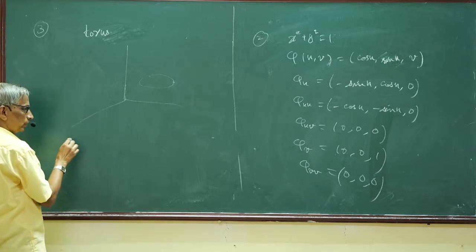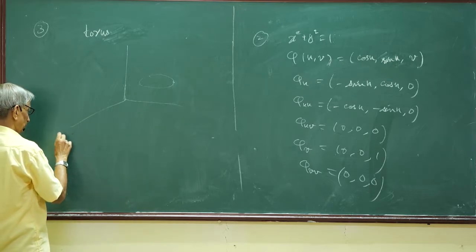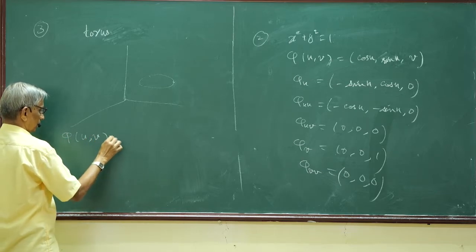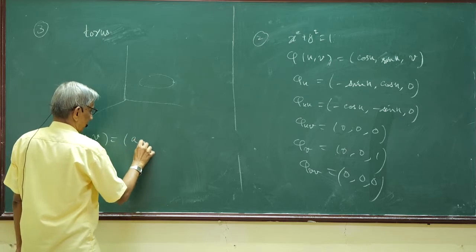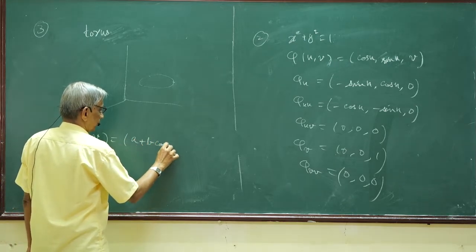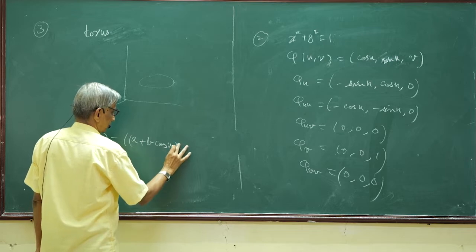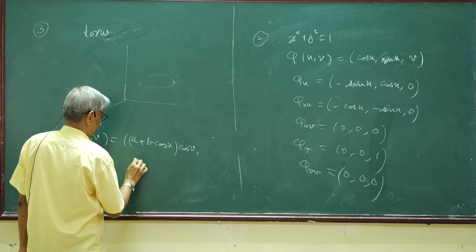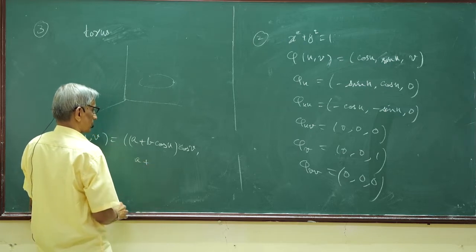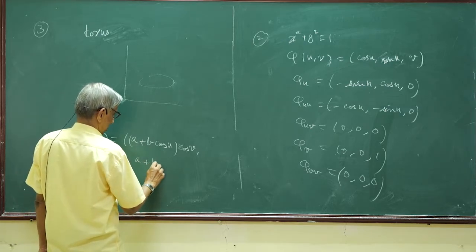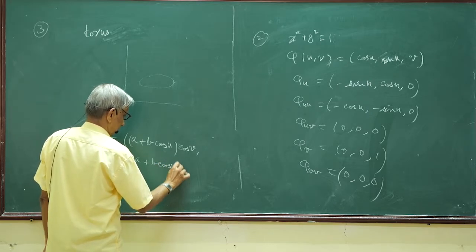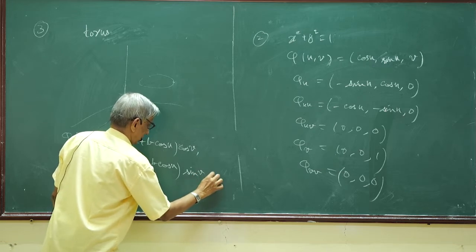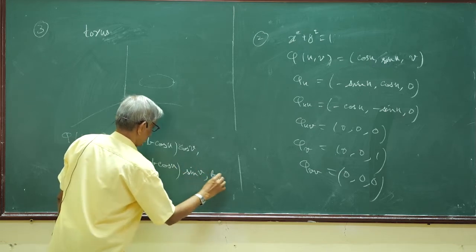So the usual way the parametric representation is given is like this: (a + b cos u) cos v, (a + b cos u) sin v, and then b sin u.